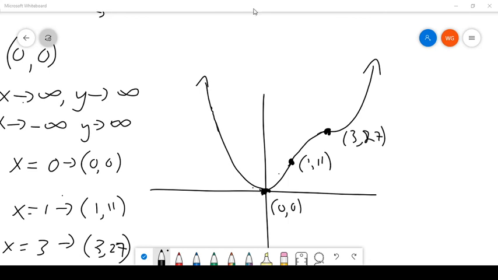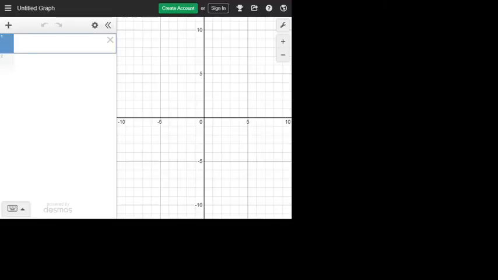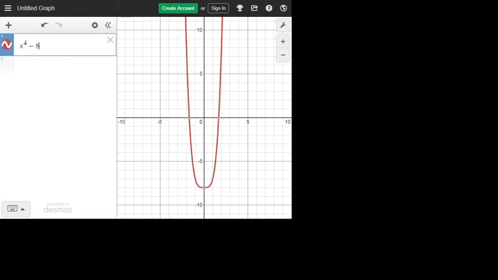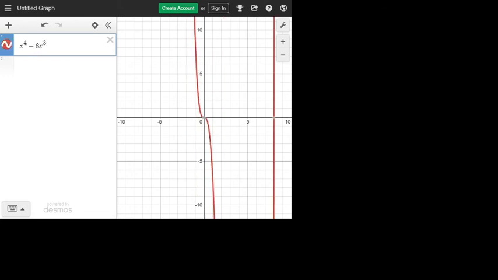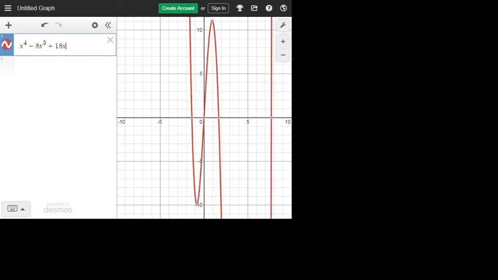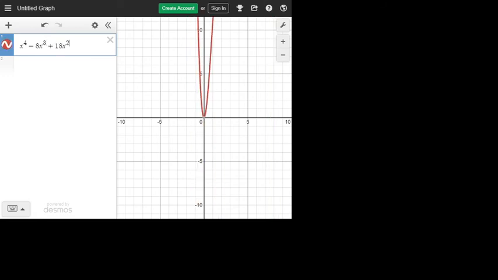So I'm just going to try and open up a Desmos screen. I think we've got it going here. Okay, and so I'm going to type in my function, which is x to the power of 4 minus 8x to the power of 3 plus 18x to the power of 2.